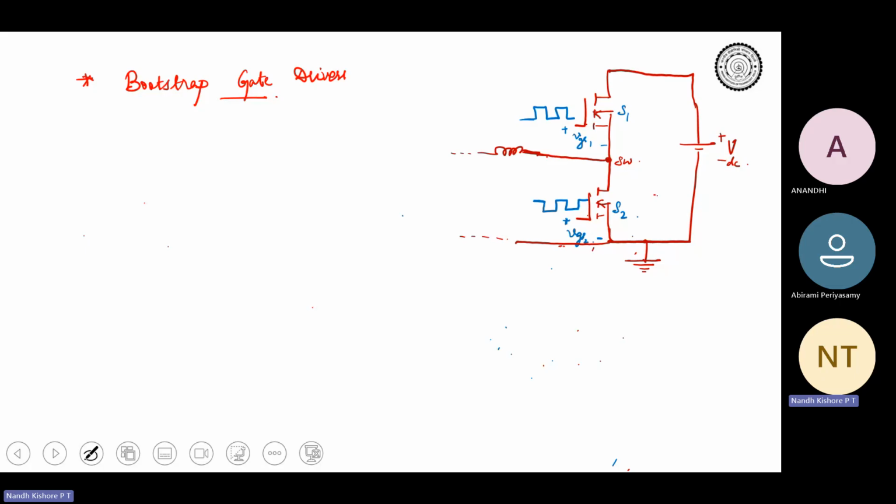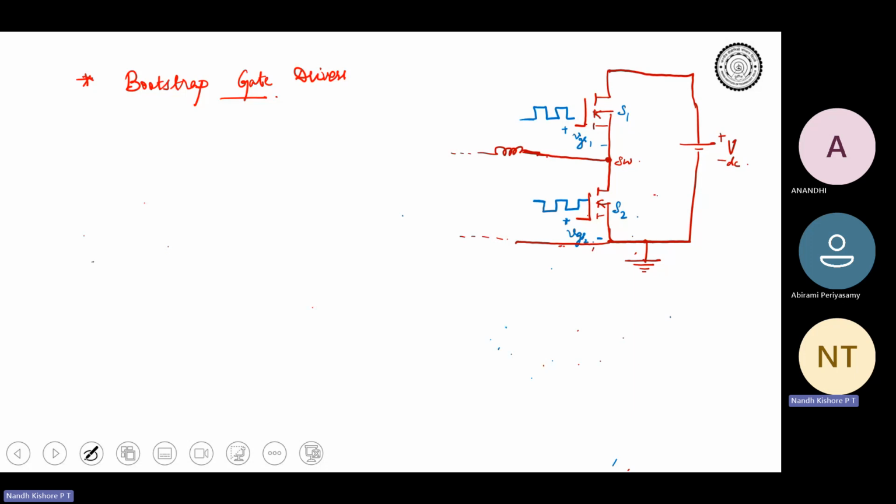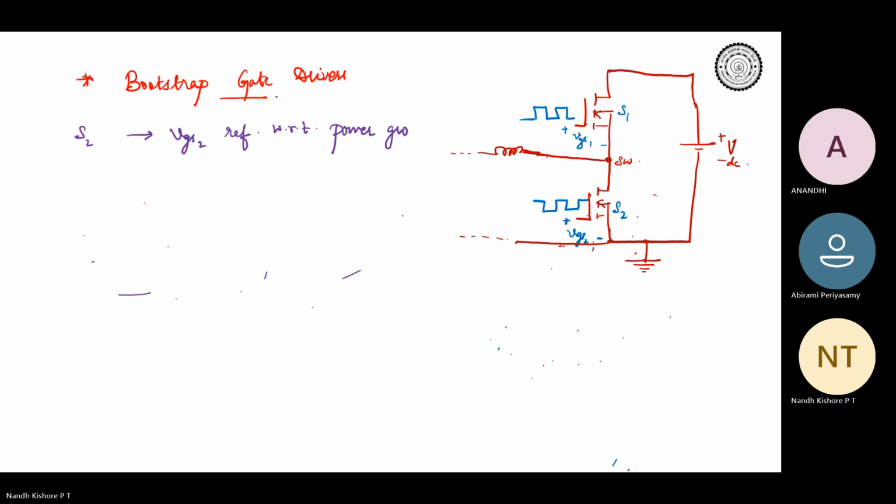With respect to the source, we give positive or zero, and based on that the device turns on or turns off. So as far as S2 is concerned, VGS2 is referred with respect to the power ground. The source of S2 is equal to power ground, correct?